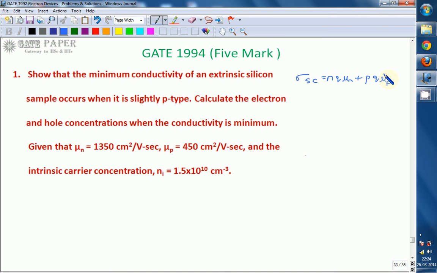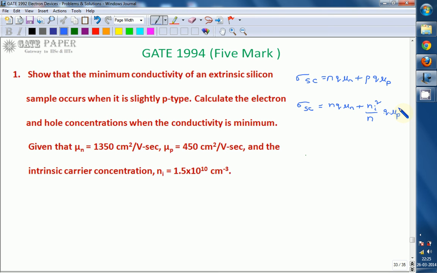By using the mass action law, we can write the same equation with respect to electrons only. So sigma of the semiconductor is n q mu n plus p, which we can write as ni square by n into q into mu p. Now the entire equation is with respect to electrons only.